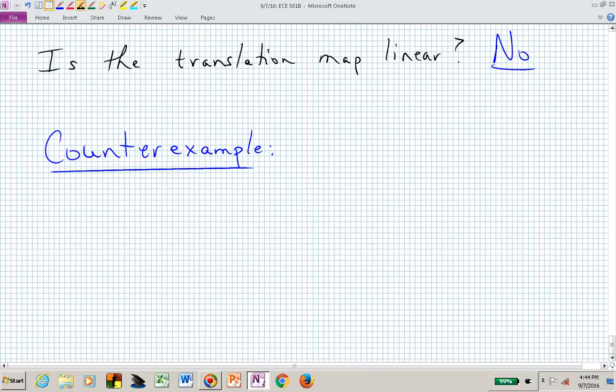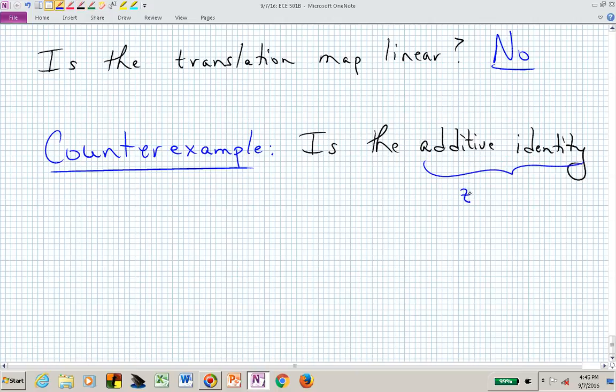Here's the question that we're asking. Is the additive identity, which is really just a fancy way of saying the 0 vector, mapped onto itself?